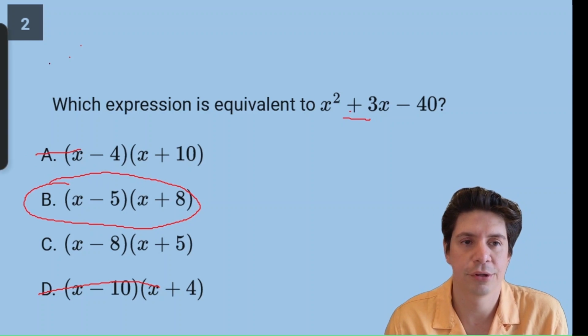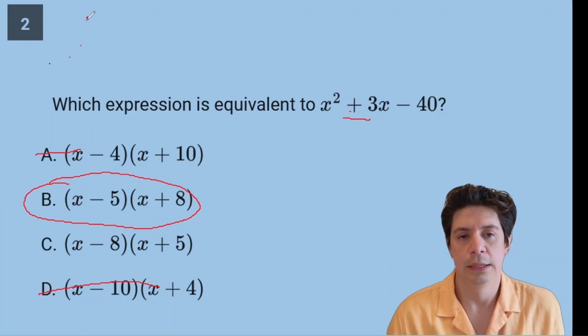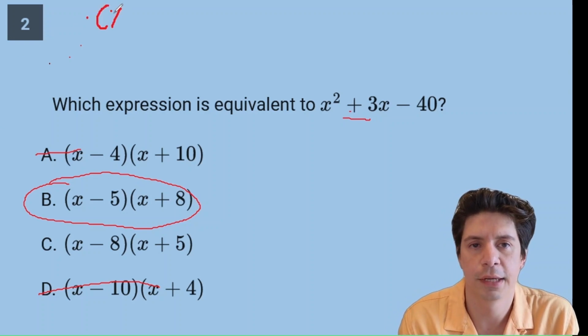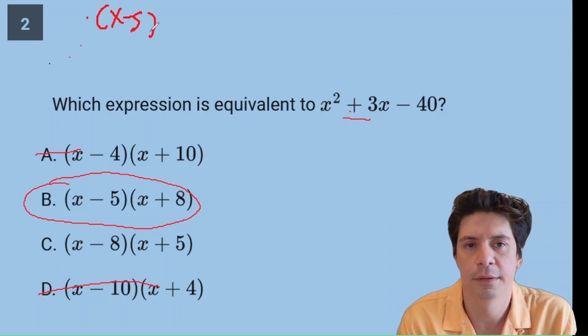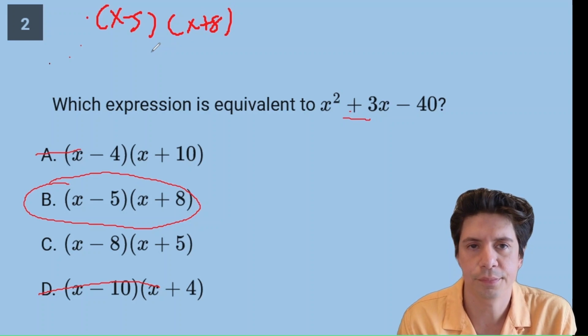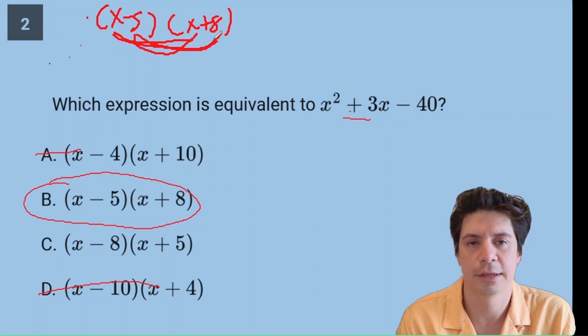So then I'm going to show you how that works. So let's see. All right, so you have, we foiled that, x minus 5, x plus 8, right? So x times x, times plus 8, negative 5 times x, and negative 5 times positive 8.